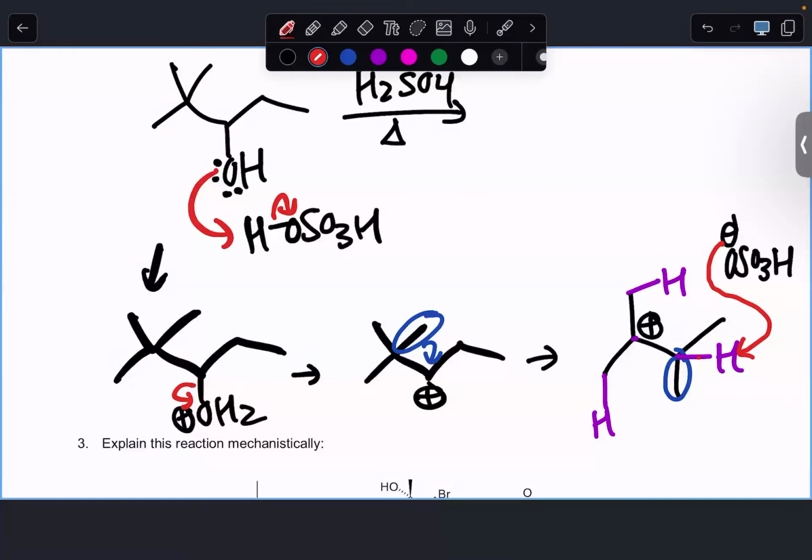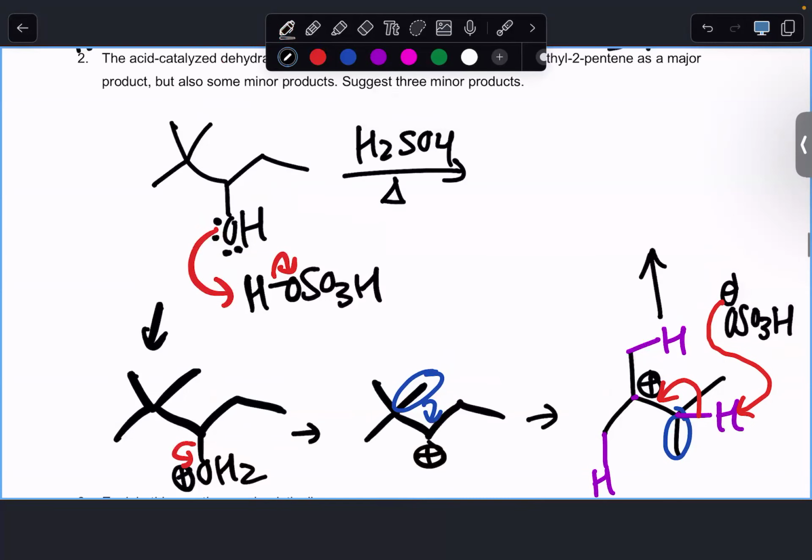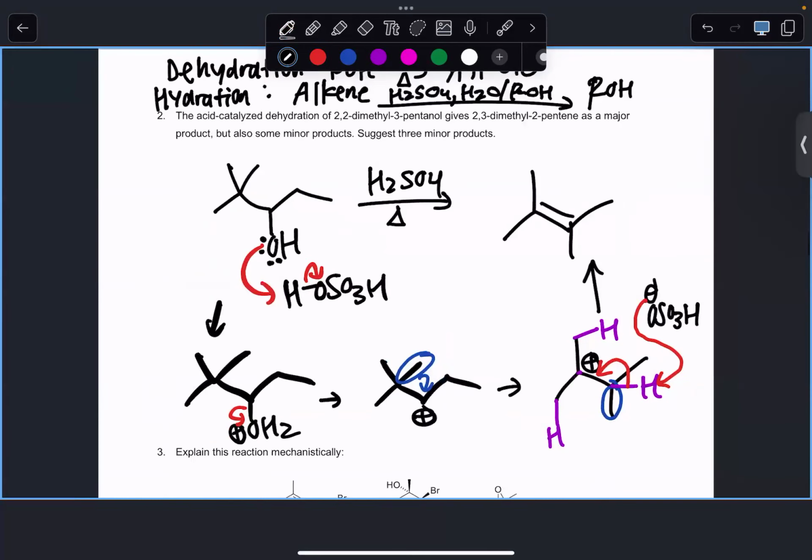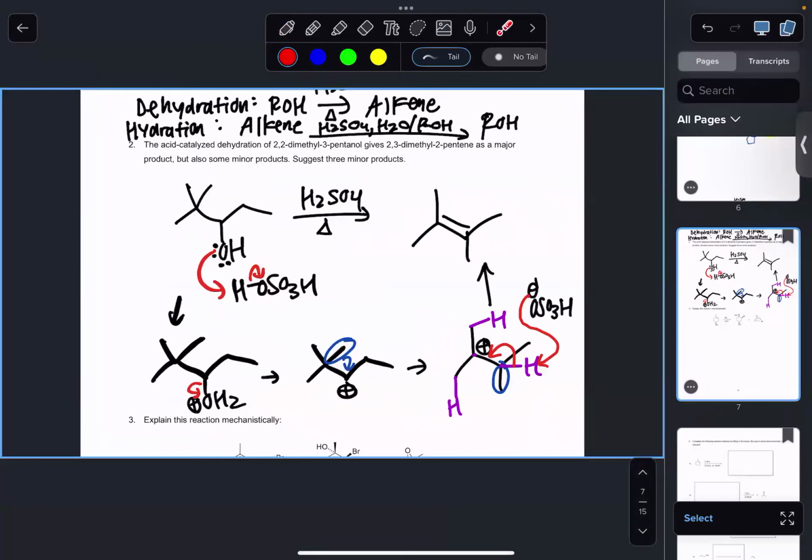This bond between carbon and hydrogen will make a double bond right there. So that would give us our major product here, which is 2,3-dimethyl-2-pentene.